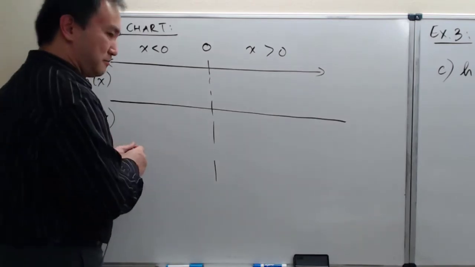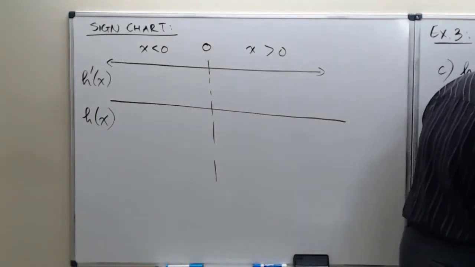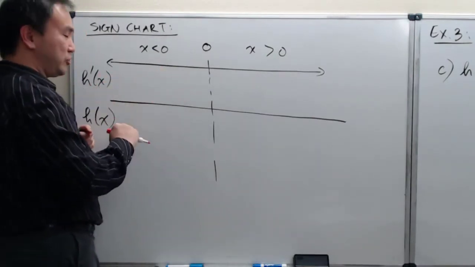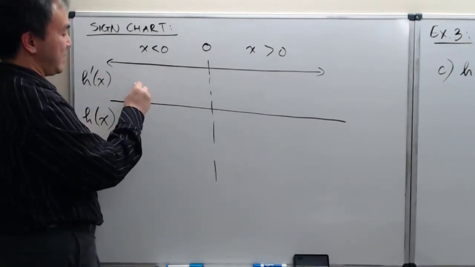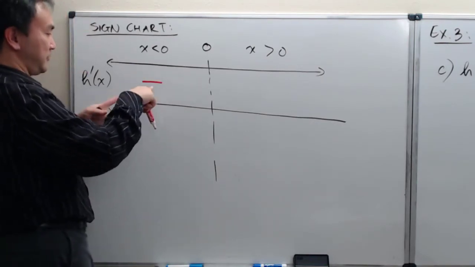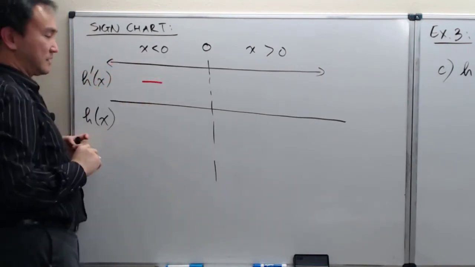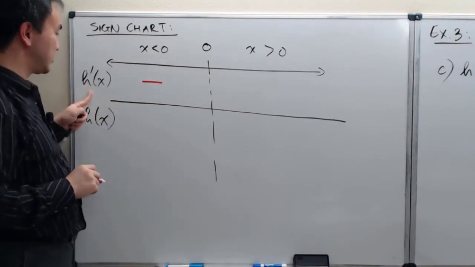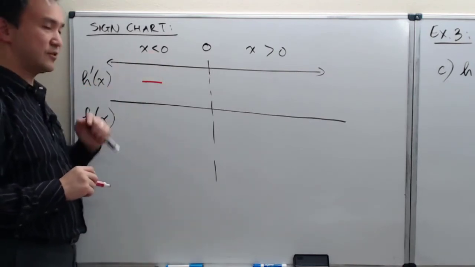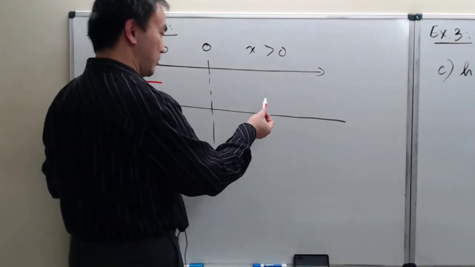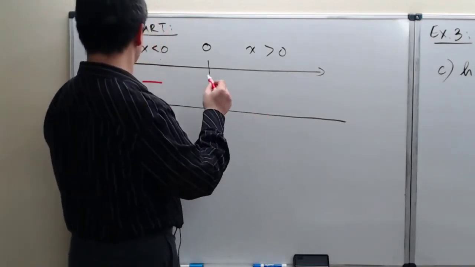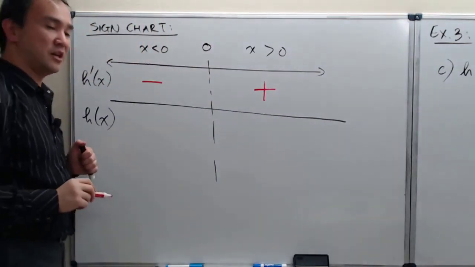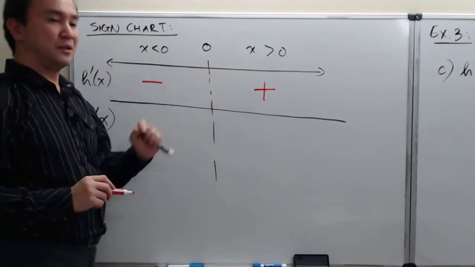Okay, so now the sine chart here from example 2: we found out that we had a negative sign for this interval when x was less than 0, when x was negative. So our h prime of x was negative in this interval, x less than 0. And then the sine chart was saying earlier in example 2 that h prime of x was positive for the output when x was greater than 0.